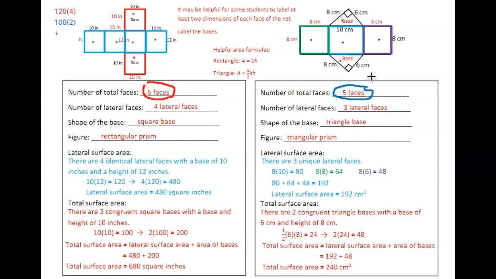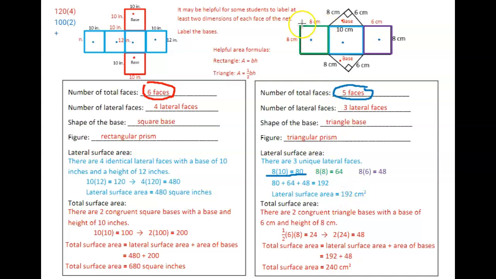Now the reason that they gave you different colors on your lateral faces is because they each have a different measurement based on the 3 sides of the triangle. The one in the middle is going to be a 10 by 8. You'll do 10 times 8 to give you your area of 80.